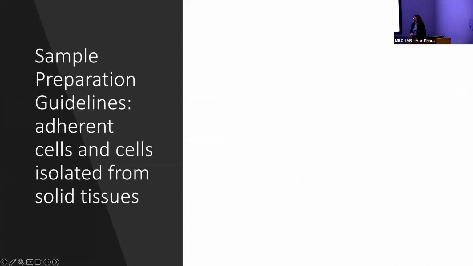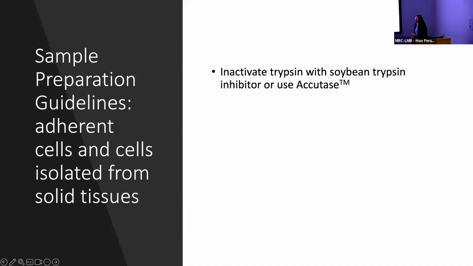All right, so a bit of advice for preparation guidelines between adherent cells and cells isolated from solid tissues. Often cells that are isolated from solid tissues require some more, let's say, mechanical and enzymatic digestion.